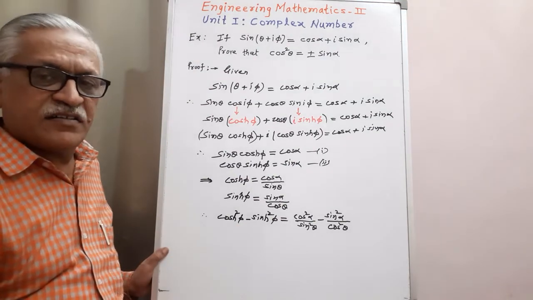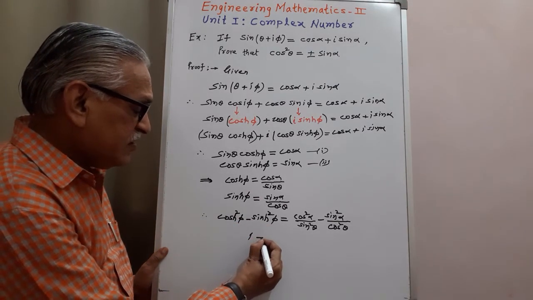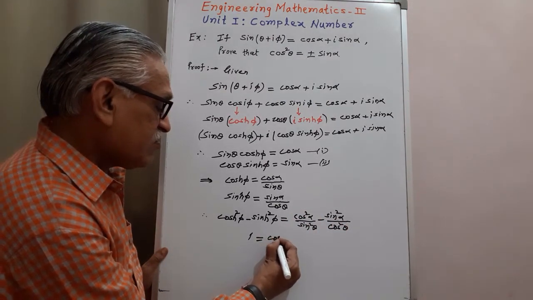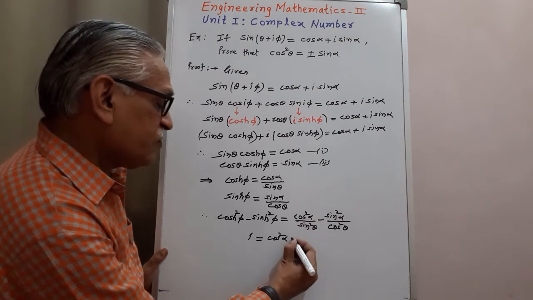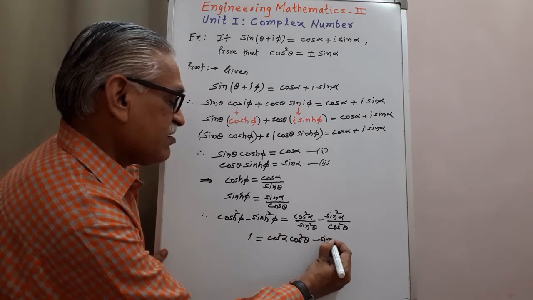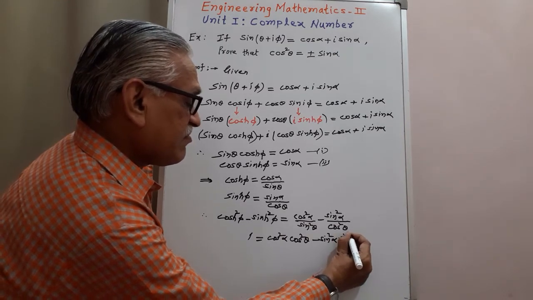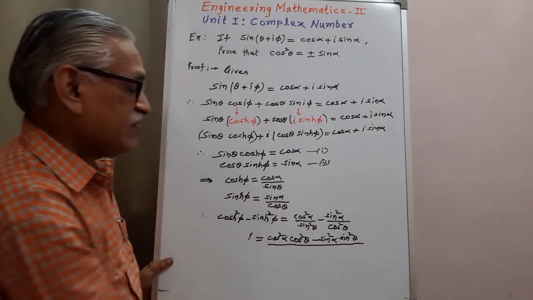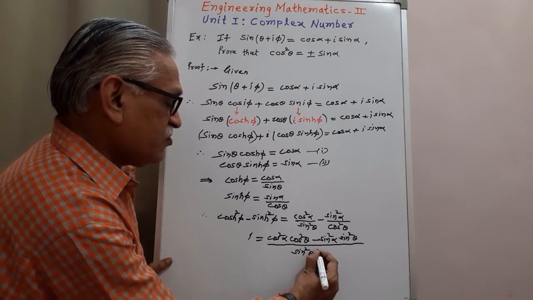But we know the standard formula from hyperbolic functions: cosh²φ minus sinh²φ is 1. So 1 is equal to, here finding the LCM or cross multiplying, we get cos²α into cos²θ minus sin²α into sin²θ upon sin²θ cos²θ.